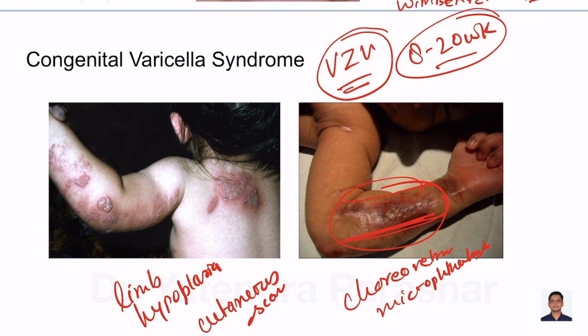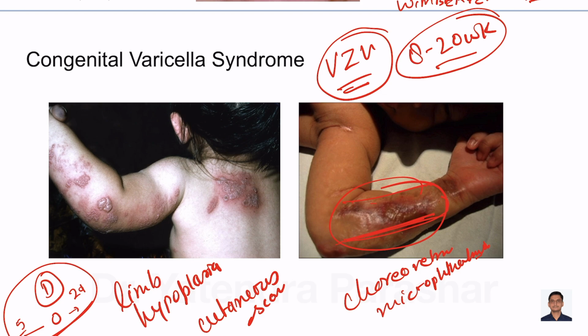Neonatal varicella can be severe if occurs within the 5 days before or 2 days after delivery. So this period, that is if delivery occurs day 0, then 5 days before and 2 days after the delivery, this period is very crucial, and diagnosis can be made by the PCR for the VZV DNA.